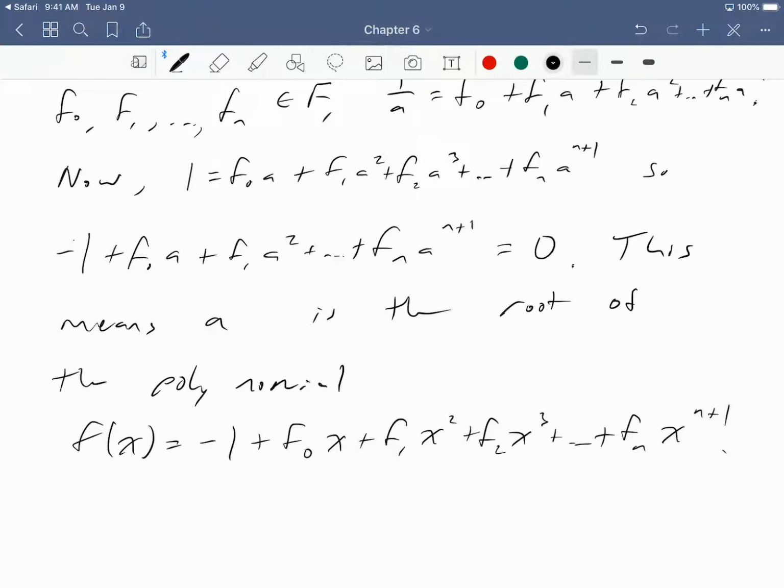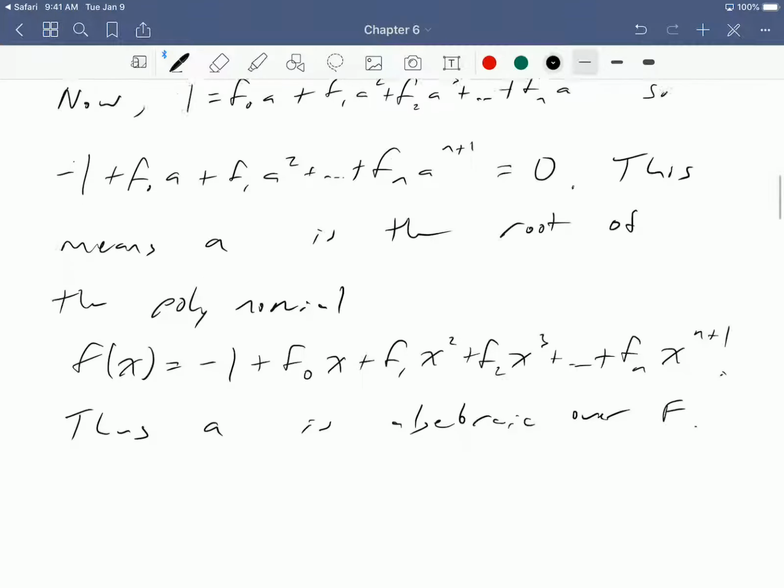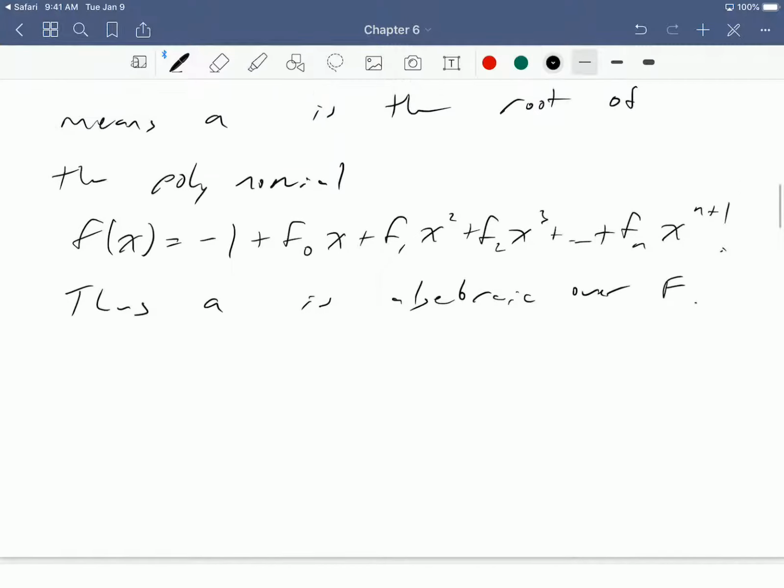And so saying a is the root of a polynomial means that a is algebraic over the field of coefficients, so over the field f, because all of those coefficients were in f.